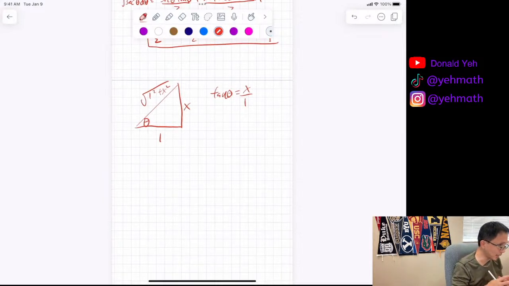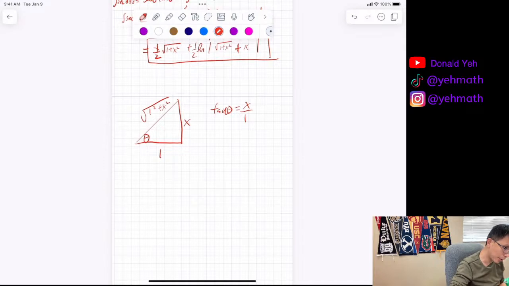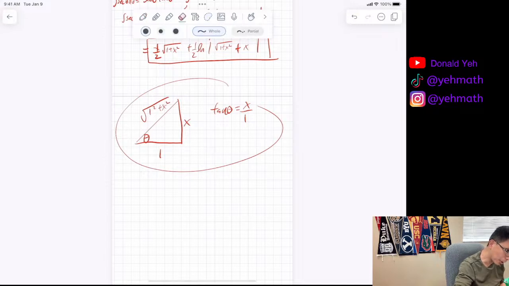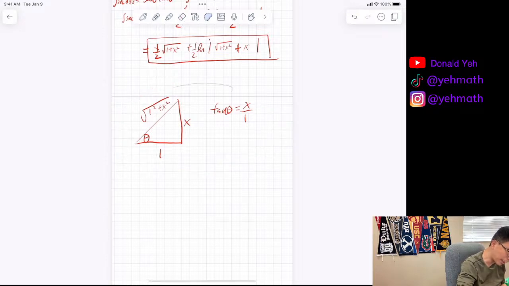The problem is, what if you have the other case? Anytime you have something plus something, it's automatically tangent. Don't even think about it, just automatically tangent.